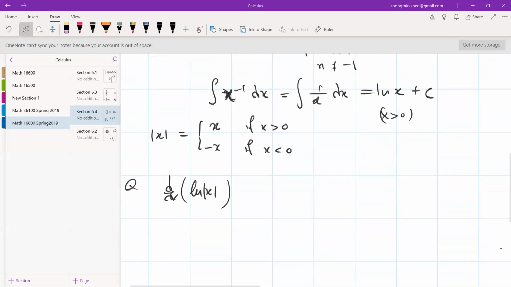Well, let's find out. For x positive, we already know the derivative of natural log of x is going to be 1 over x. We already know that. No problem.